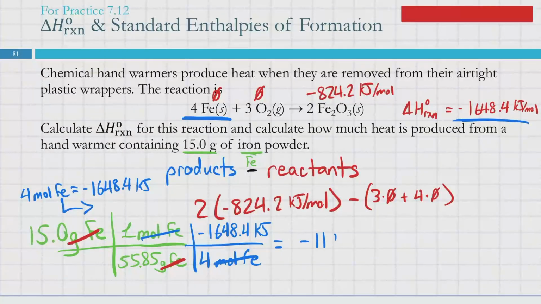This would produce 111 kilojoules of heat. Or negative 111 is what we get. So it produces or emits 111 kilojoules. Produces and emits are both words that indicate that this is heat lost, so it would be talking about a negative sign. And we're done with Chapter 7.